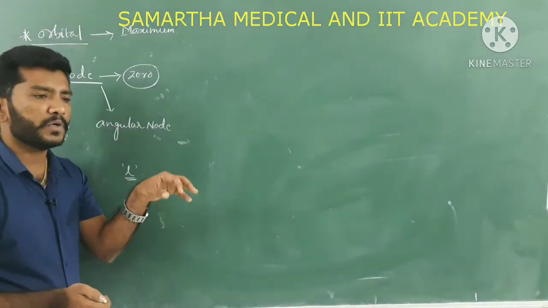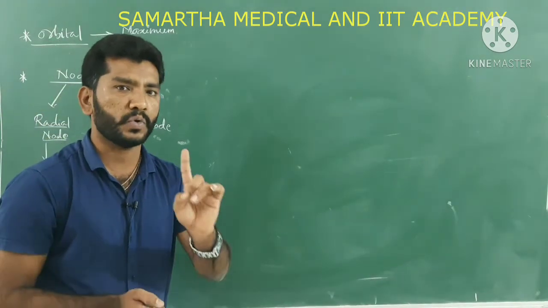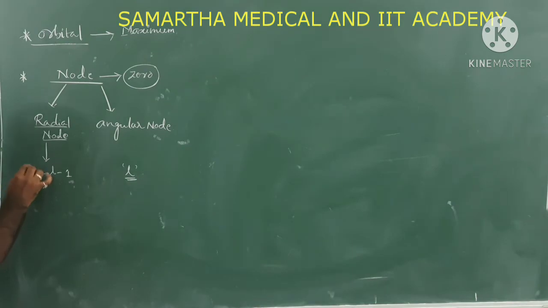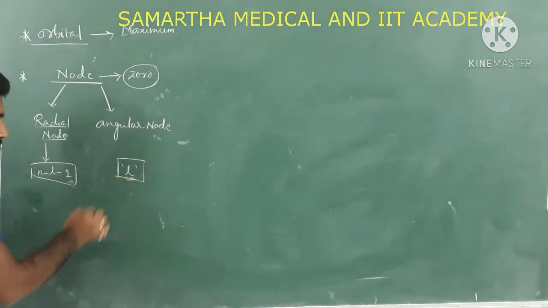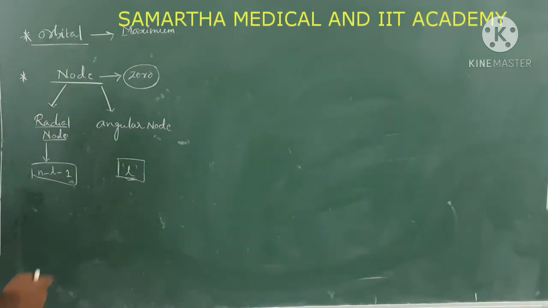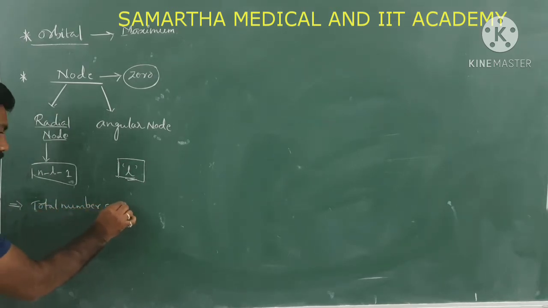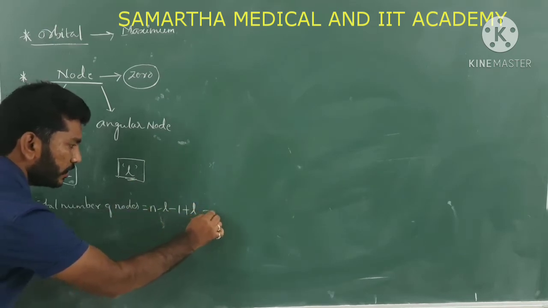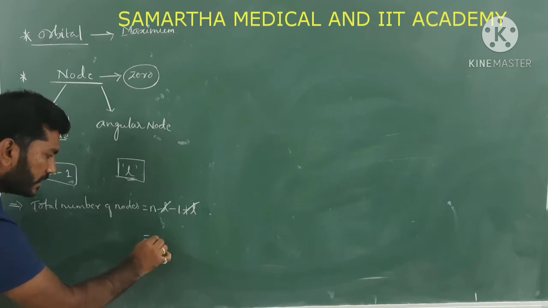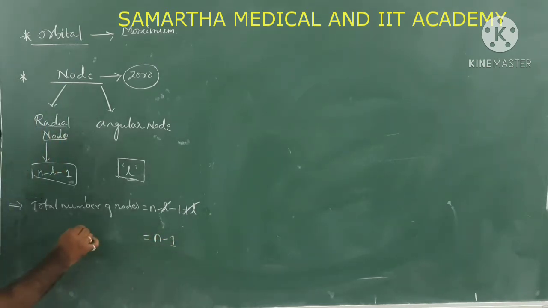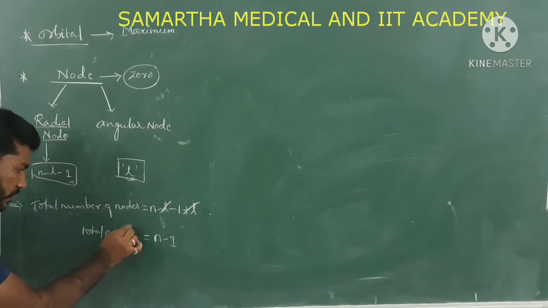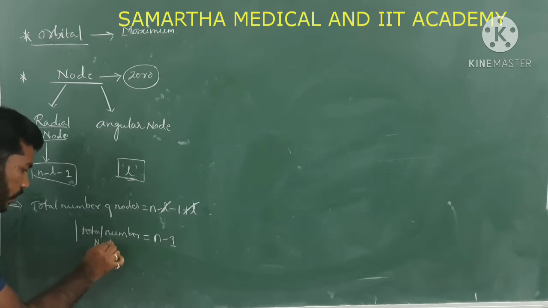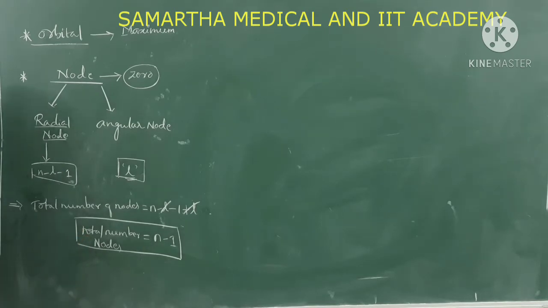What will be the total number of nodes present in a particular atom? We should know that formula also. This is the formula for radial node, and this is for angular node. If they ask for the total number of nodes present in a particular atom, then total number of nodes equals n minus L minus 1 plus L. The L and minus L cancel, hence the total number of nodes can be calculated by the formula n minus 1.